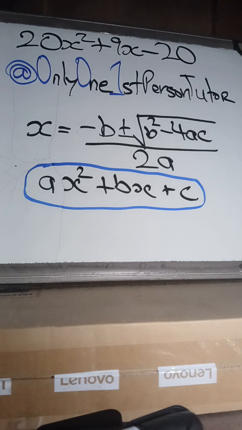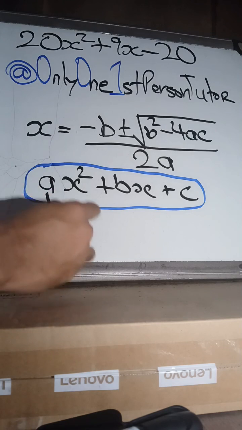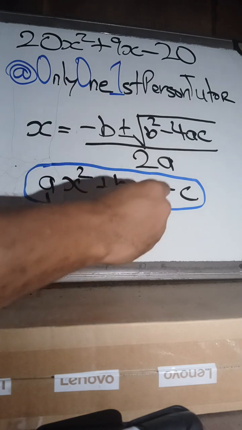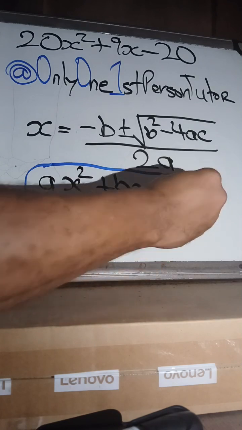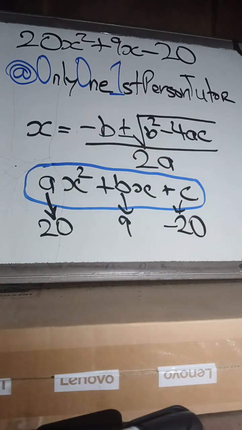So that's what we want to remember. So this is 20. This positive 9. This minus 20.